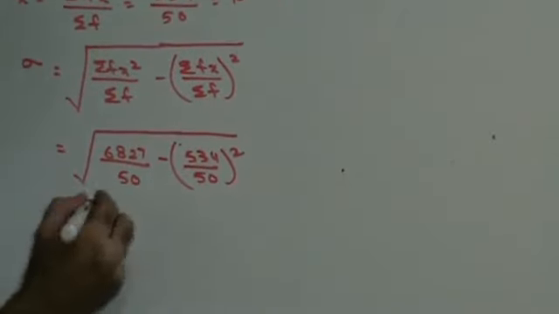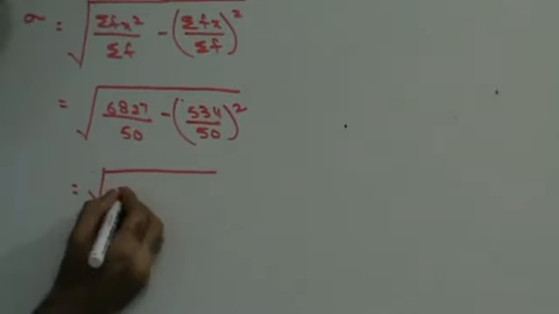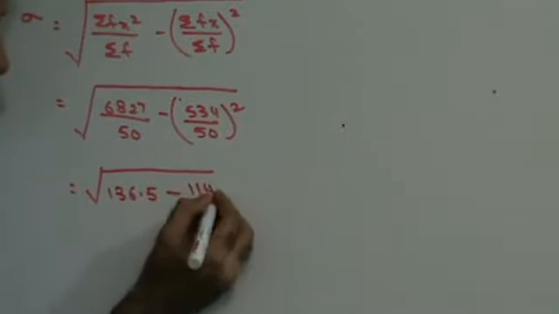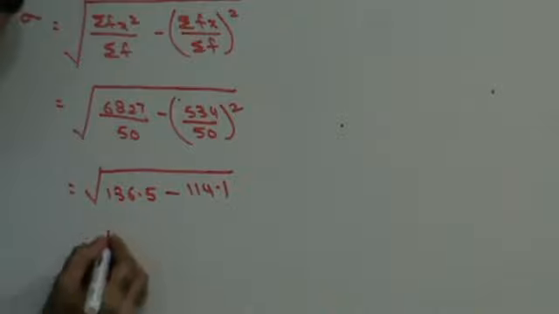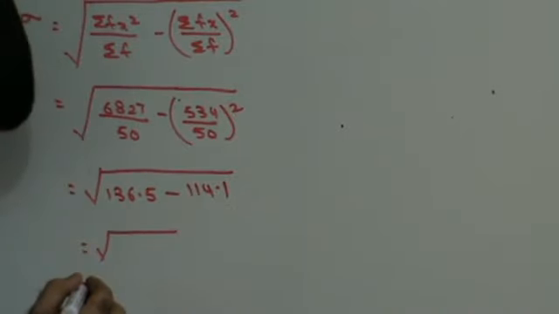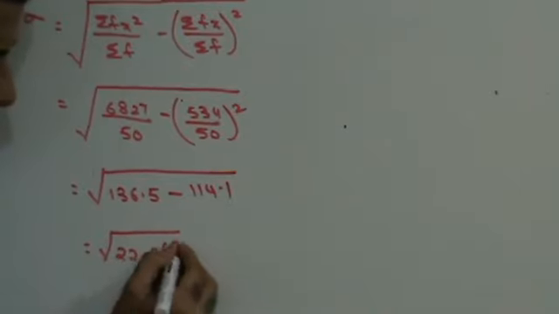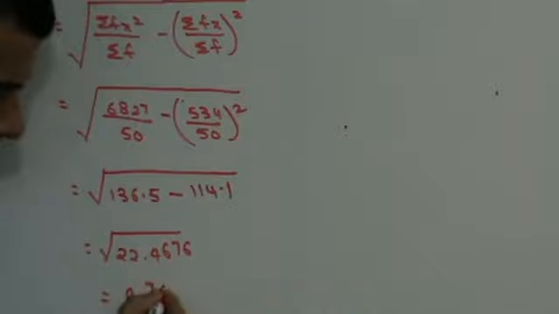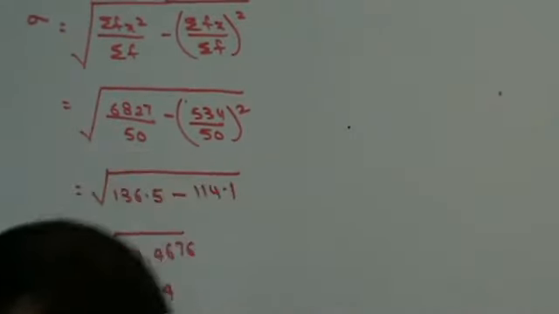When you solve this, this will be square root of 136.5 minus 114.1. When you subtract this, you will get 22.4676. Square root of which is 4.74. So your standard deviation is going to be 4.74, right?